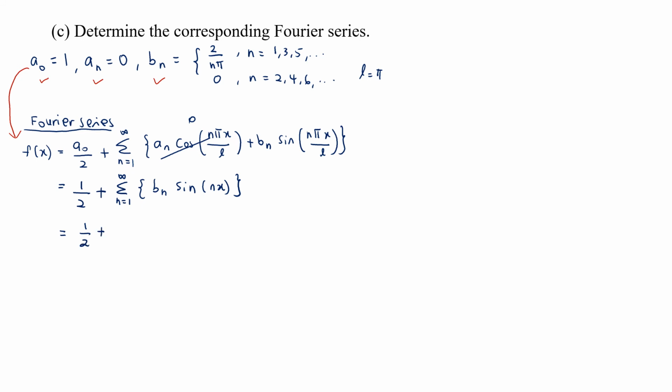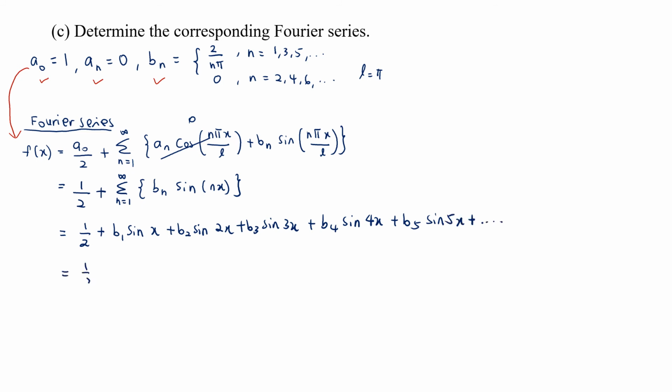so n starts with equal to 1, so it will be b1 sine of x plus b2 sine 2x plus b3 sine 3x plus b4 and then b5 and so on.